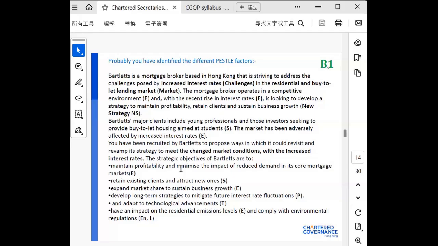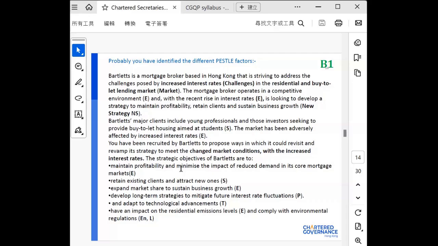So you have to ask yourself, what are the changing conditions? Increased market interest rate. They also give you some strategic issues and objectives, which is to maintain profitability, which is probably the economic factor. Retain the existing clients and attract new ones, a social factor.